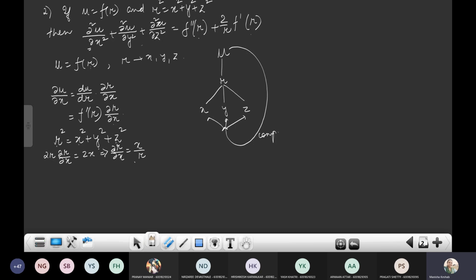The only difference will be that in place of x, it will be y and z. So due to this symmetry, we can write similarly del r del y is equal to y upon r, and del r del z is equal to z upon r. I hope this is clear.